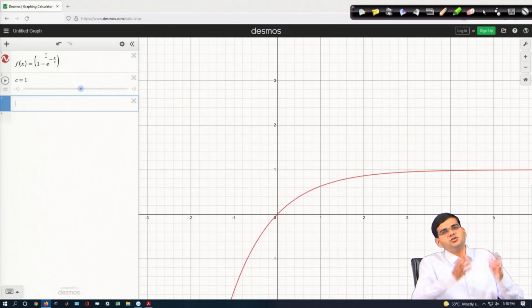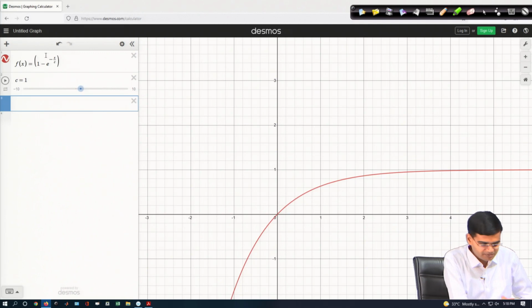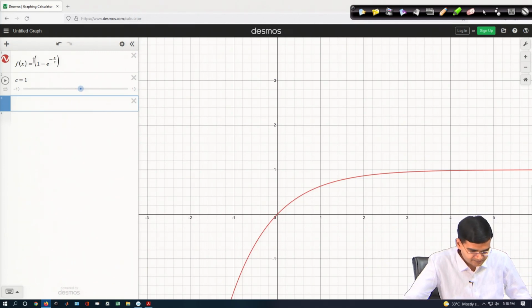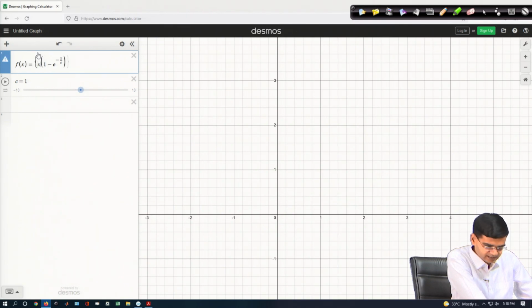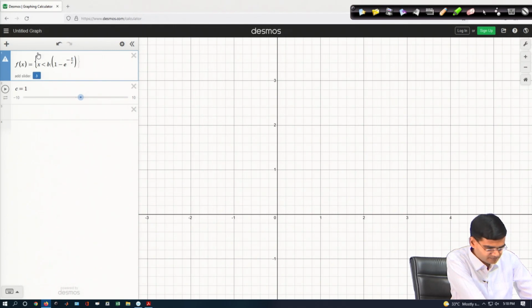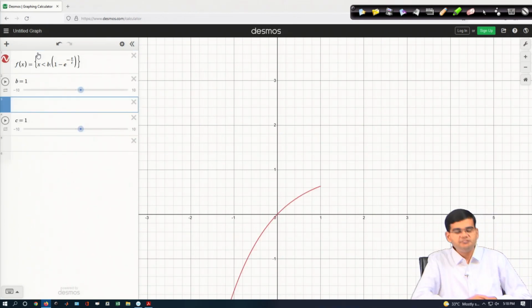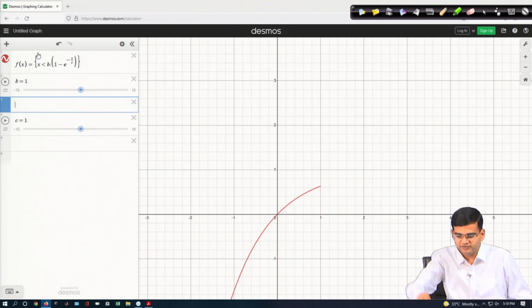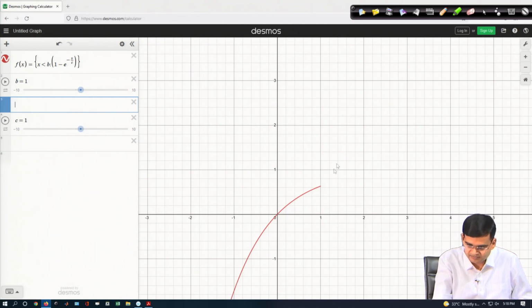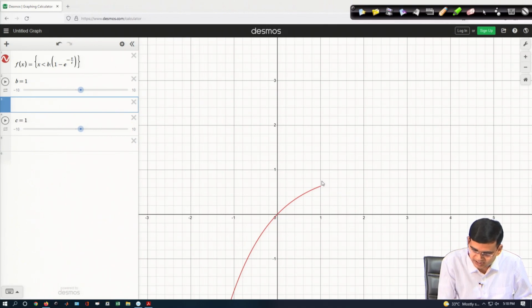This is what we saw in the previous case as well, but this was true only for x less than b. So, for x less than b, this is the case. When my b is 1, you are not just keeping on evolving, you are confined only till this point, and this is b.